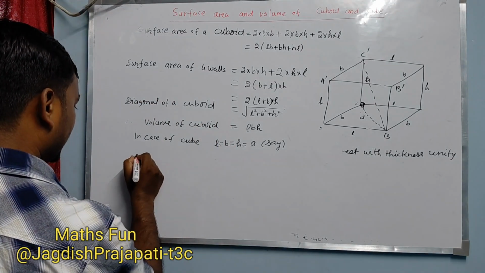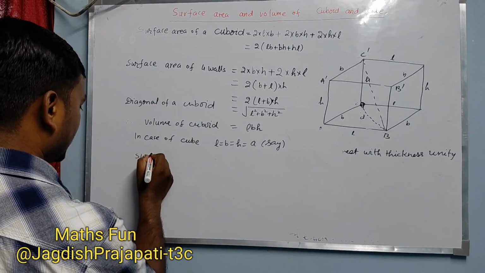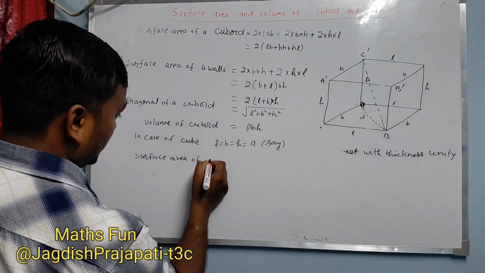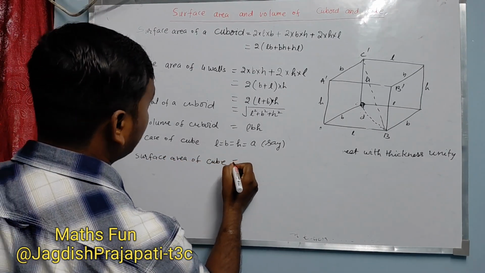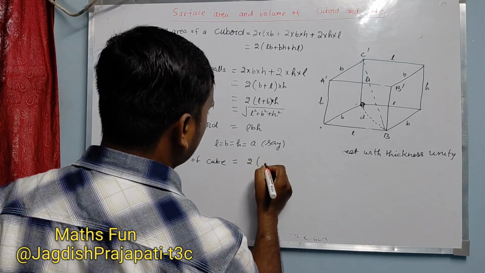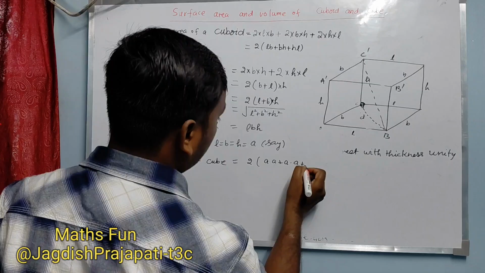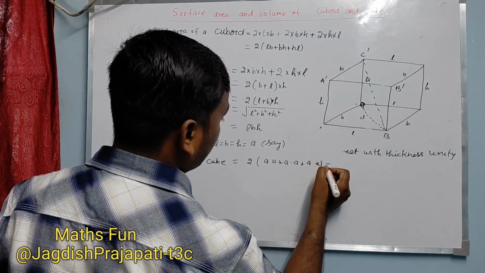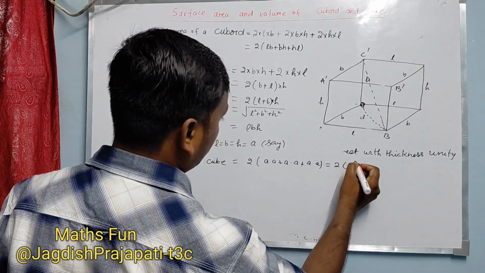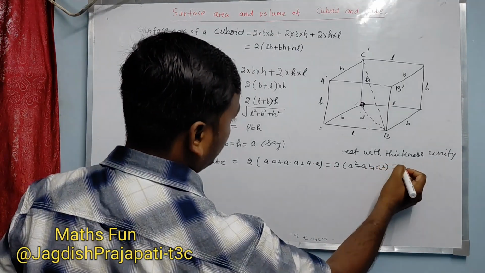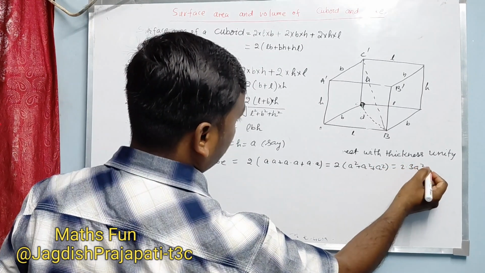In this case, surface area of cube will be twice A into A plus A into A plus A into A, because all are equal. So A square plus A square plus A square, that is 2 into 3A square.